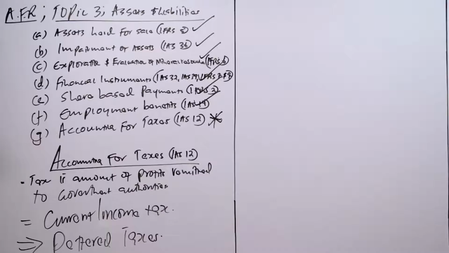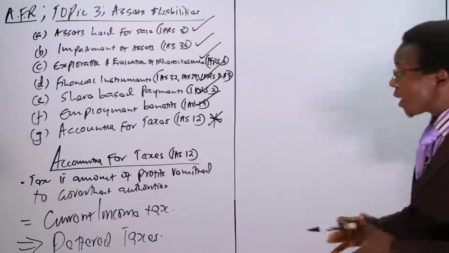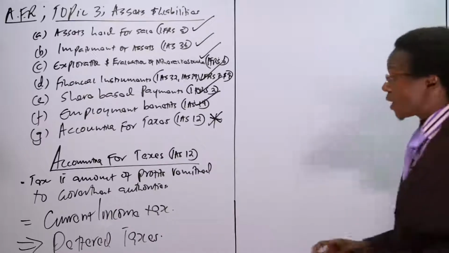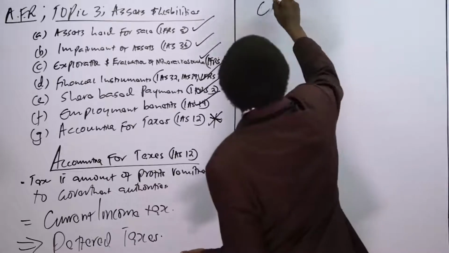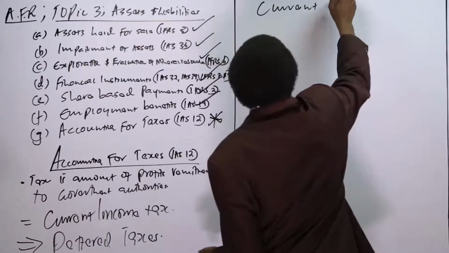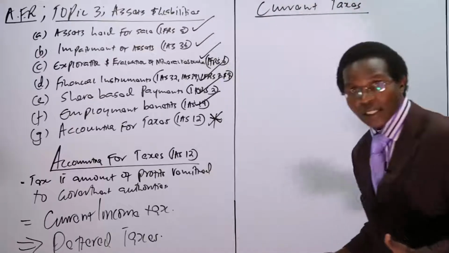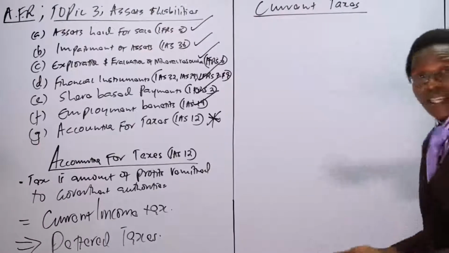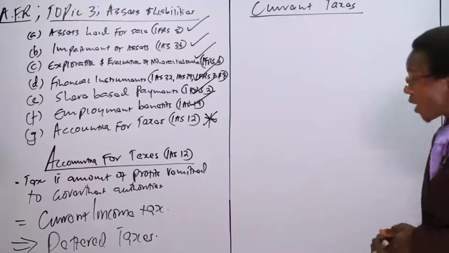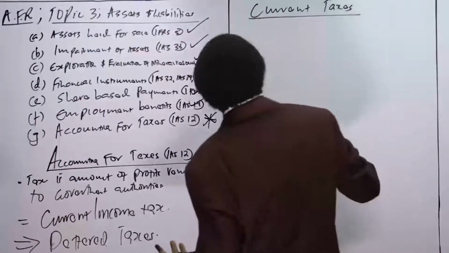Now, friends, one thing you also need to remember: when it comes to current tax, it's almost straightforward. Current tax, or we can call it corporation tax, is not something that should worry us so much, because it's so straightforward.